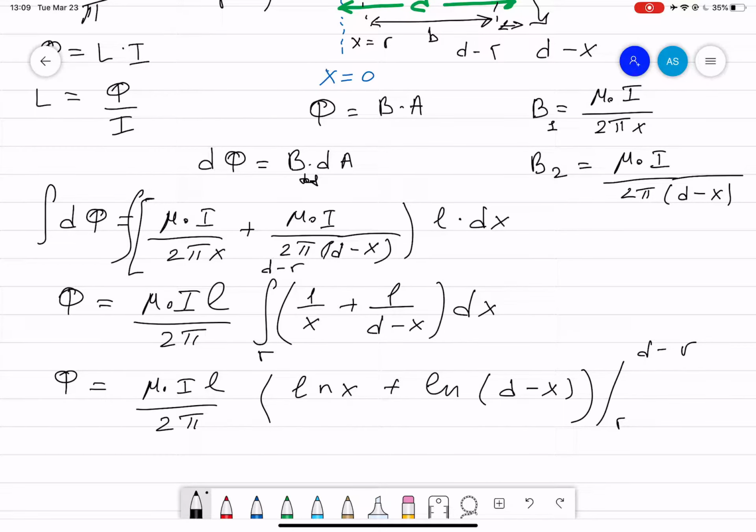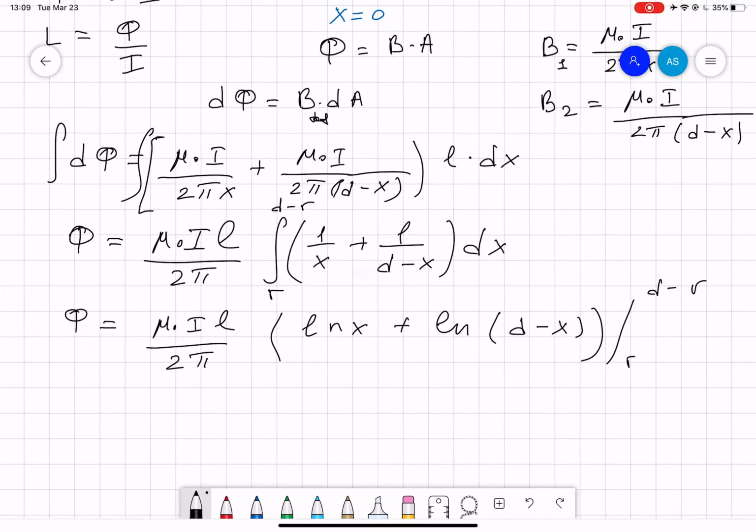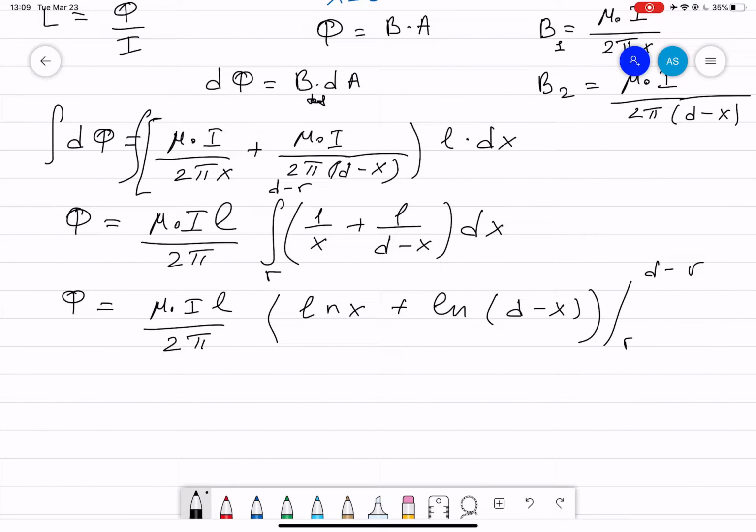I will skip a few steps and write that the flux finally is equal to mu naught I L divided by pi, times ln of (d minus r) divided by r.